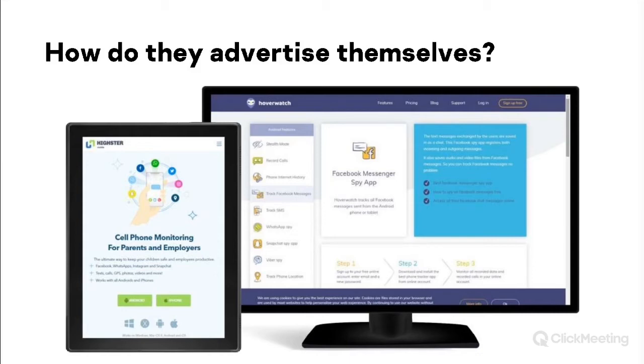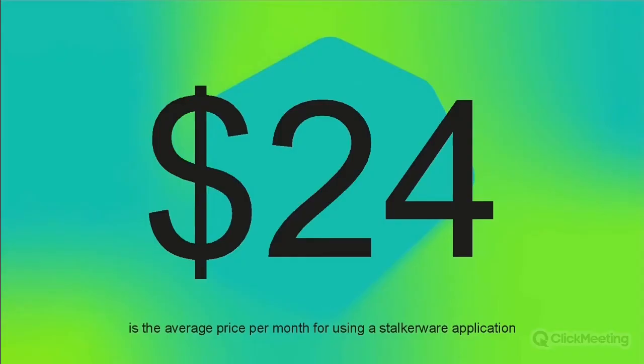And unfortunately, the stalkerware apps are also not very expensive. Globally, we have gathered data, and from our knowledge, we see that on average it costs $24 per month to use a stalkerware application.